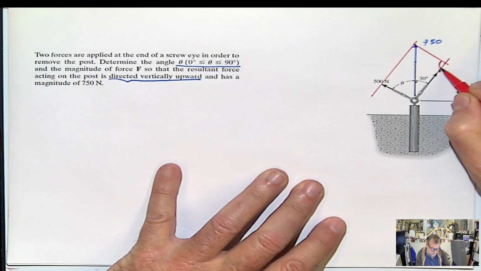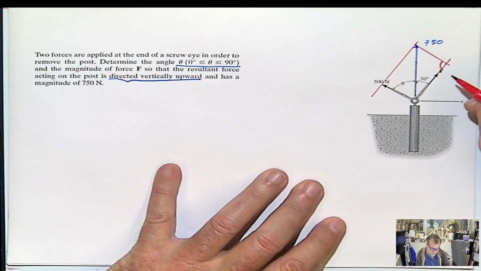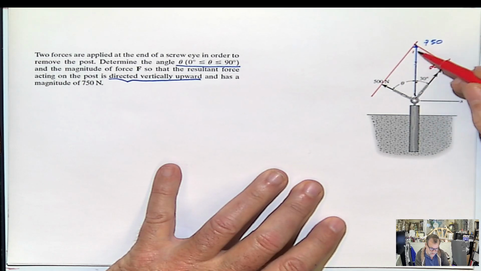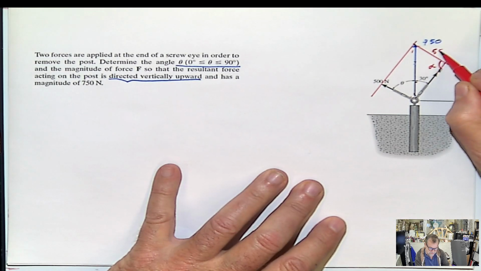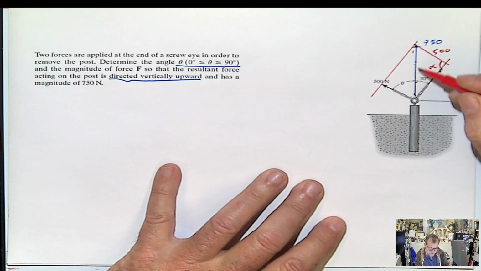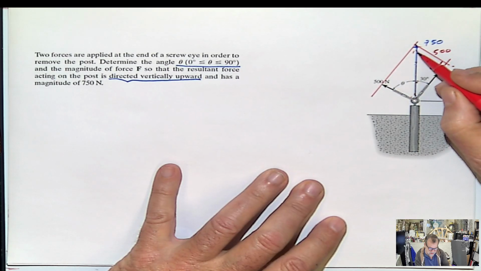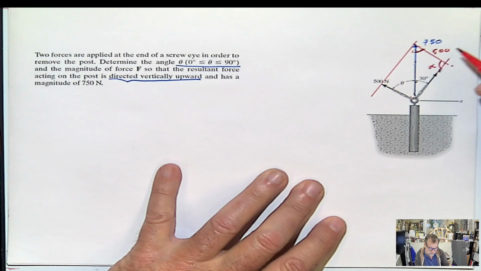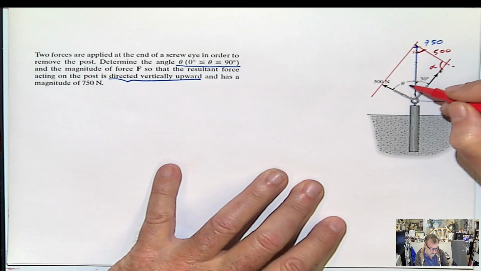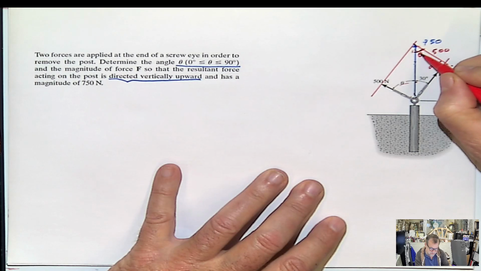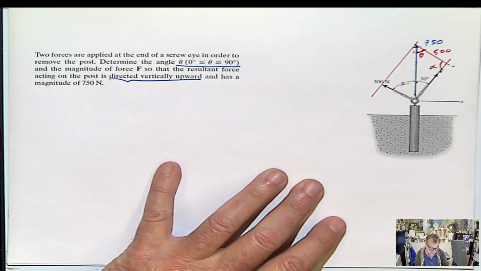We don't know this angle. I'm going to call that alpha. We know this side, 750. We know this side is 500 because it's the same as this one. And this angle here, we don't know it, but it's named theta. So let's keep it like that.